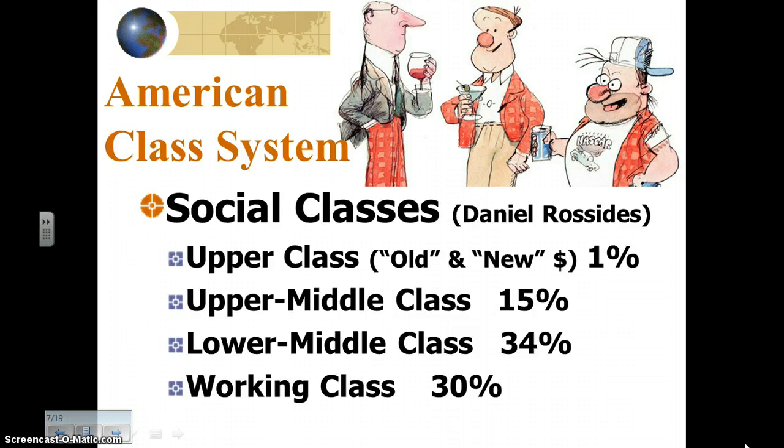So that's where, again, Weber was talking about the wealth, the power, and the prestige, those can be very different depending on where you're at.